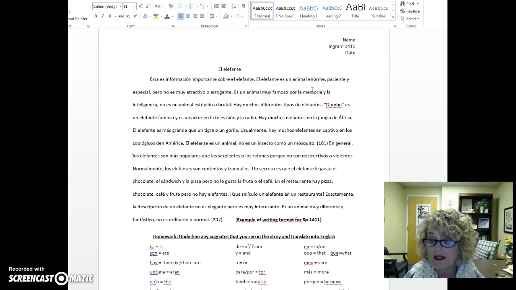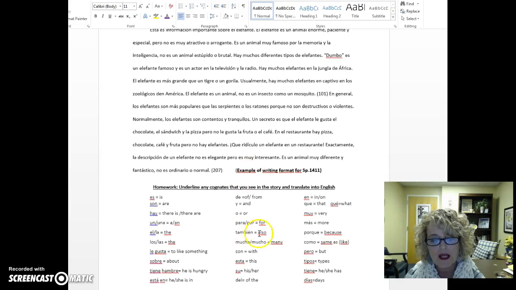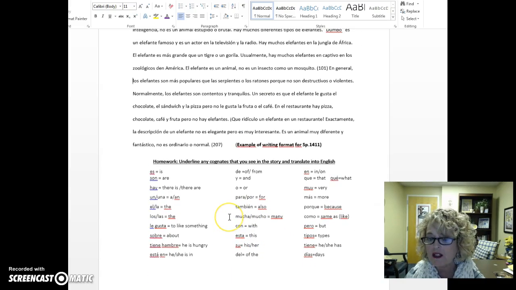In Spanish, because it's a Latin-based language, Spanish and English are very much the same. So what I want you to remember is that there are words that you're already going to know before you even start. So I'm going to read the first, and I want you to look. A word that is a cognate is a word that means the same and sounds the same and looks almost the same in Spanish and English.